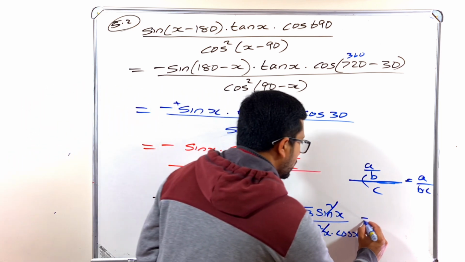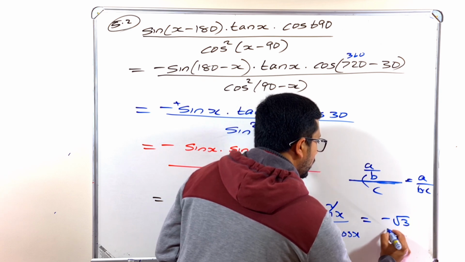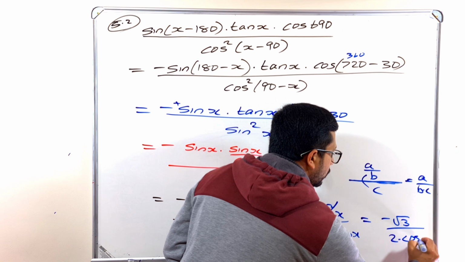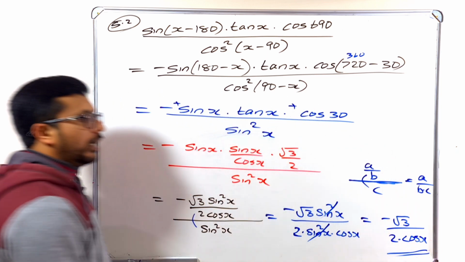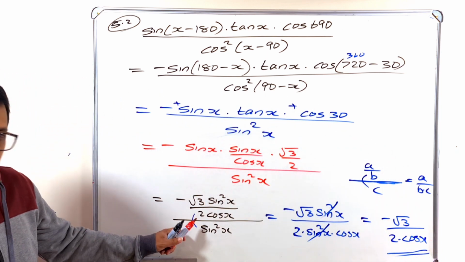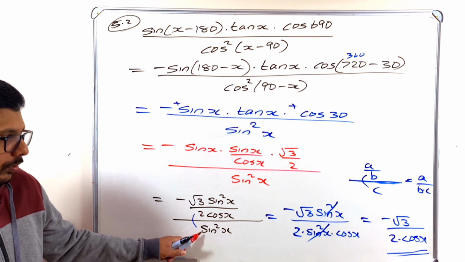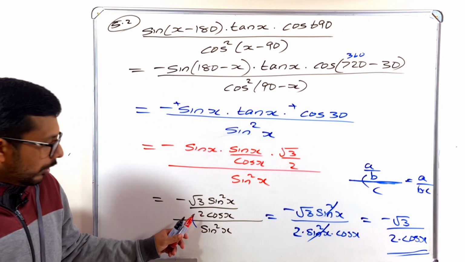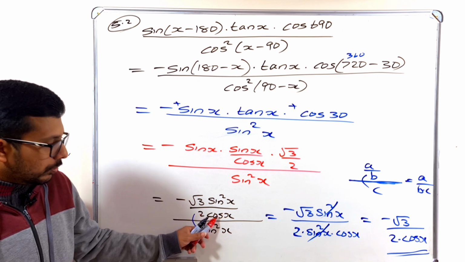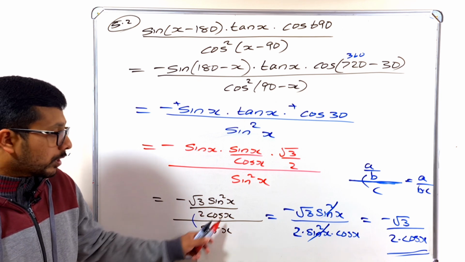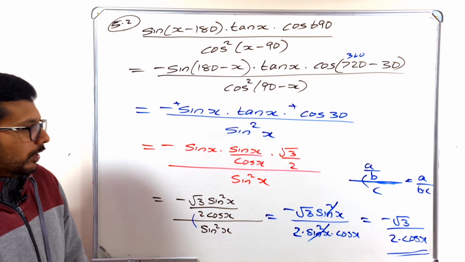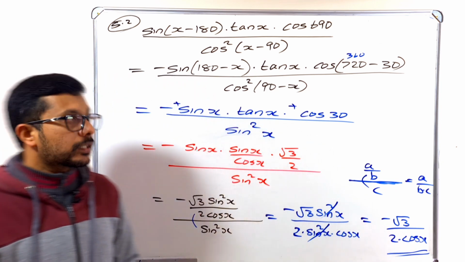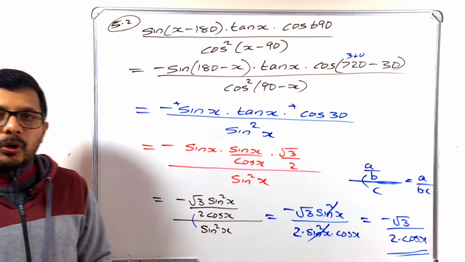So here it is minus root 3 divided by 2 into cos x, and that's the answer. Here what I did, once more, I multiplied these two, like b times c. Similarly 2 into sine square x into cos x, or 2 cos x into sine square x, is the same thing. So the answer is minus root 3 divided by 2 into cos x. So that is question number 5.2.